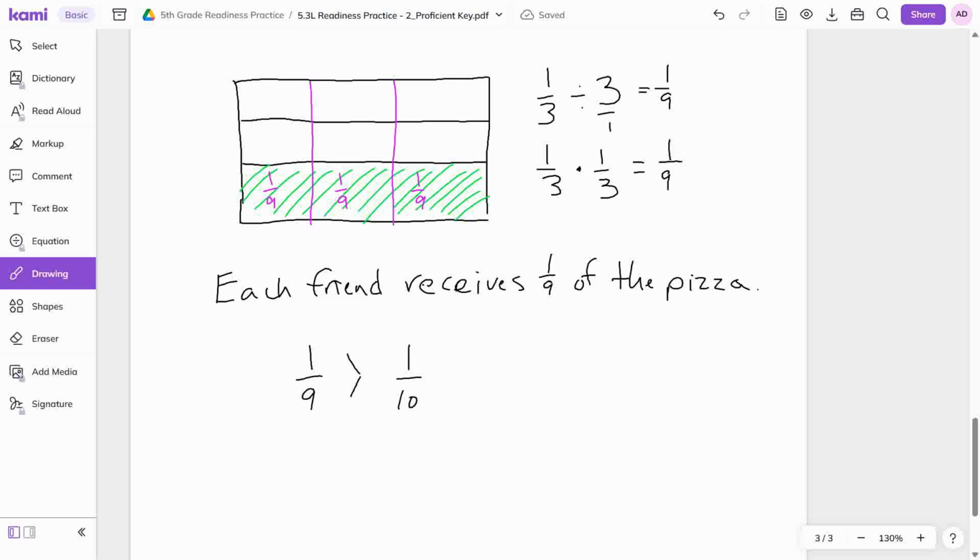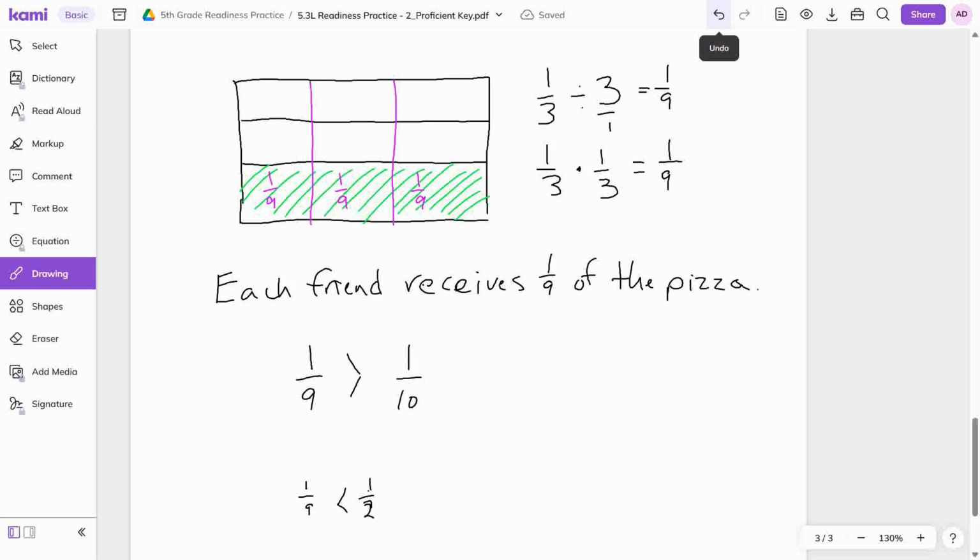So 1/9 is going to be just slightly larger than 1/10. And think about it like this. What if we had 1/9 and 1/2, right? We know that 1/2 would be much larger because the 9 is larger than the 2, which means those are smaller pieces, right?